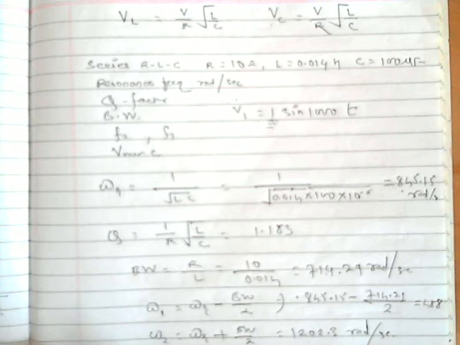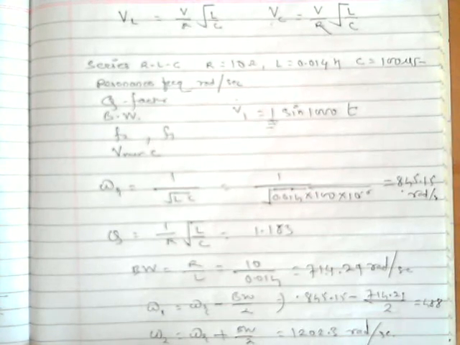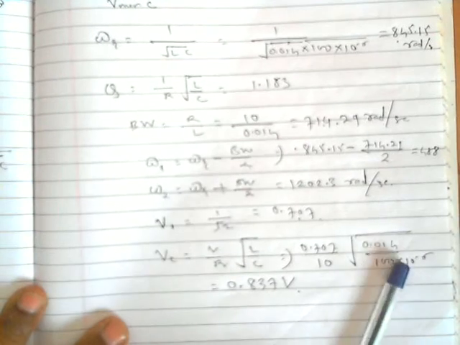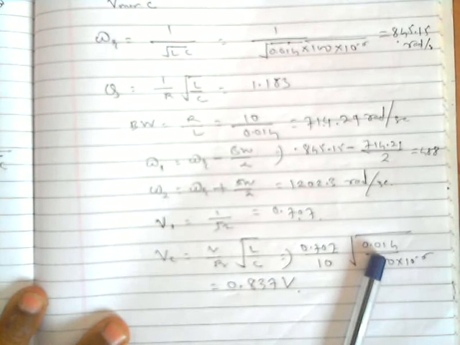Now Vc is given as V by R under root L by C. Okay, the voltage is 0.707, just as we calculated. V by R, it is 0.707 by 10, under root L by C, 0.014 divided by 100 into 10 raised to minus 6. So this will come as 0.837 V. I'm sorry, see here.